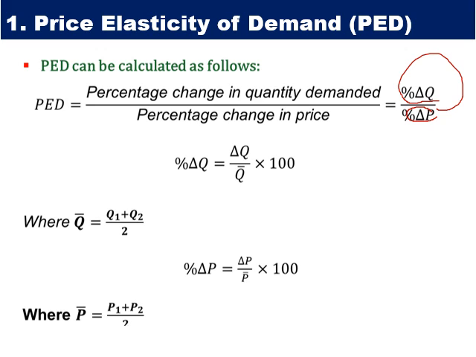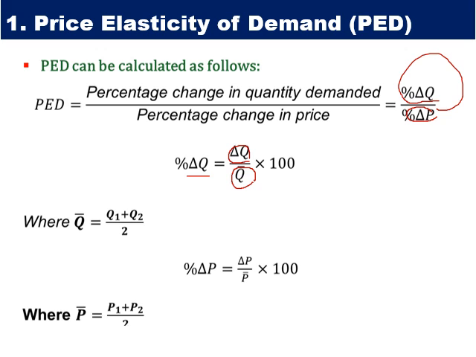Now, what is the meaning of percentage delta Q, and how can we compute it? Basically, it's the change in quantity, delta Q, divided by the average quantity, Q bar, times 100. And how can we get Q bar, the average quantity?